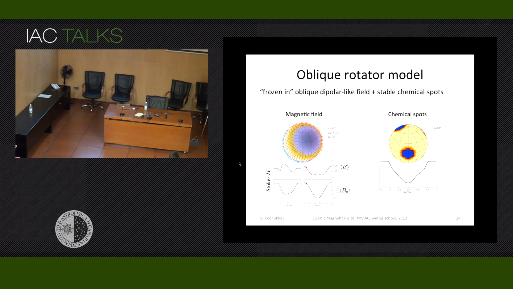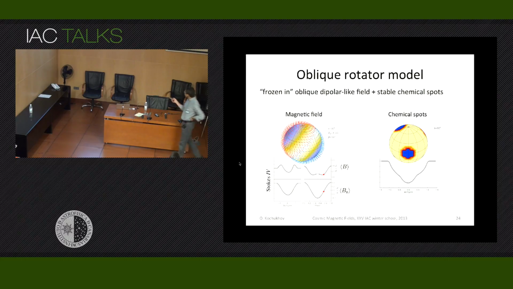So this is an animation which shows the rotating dipole field, and what you see here is Stokes V, Stokes I, and here is the mean field modulus, something that we would infer from the splitting of spectral lines in Stokes I. And here you see the mean line of sight magnetic field, BZ, something that we get from Stokes V, from circular polarization.